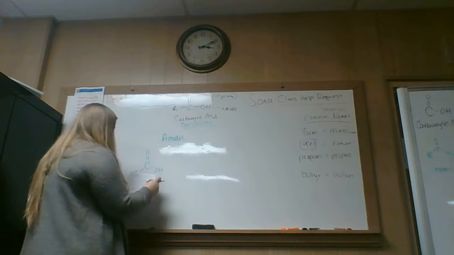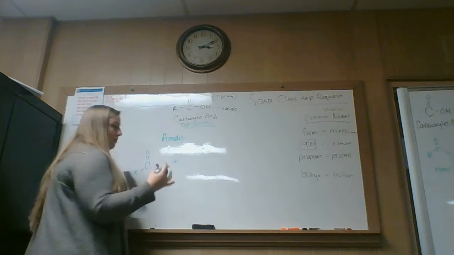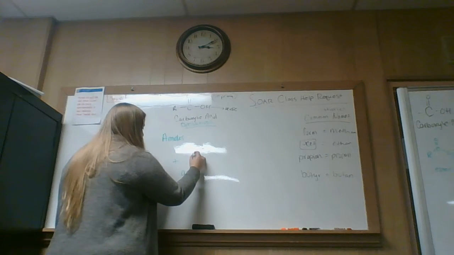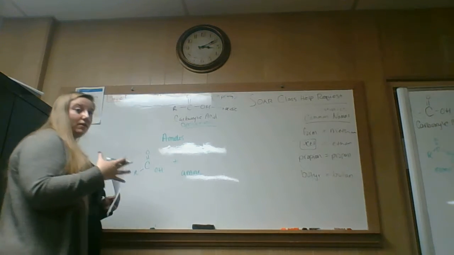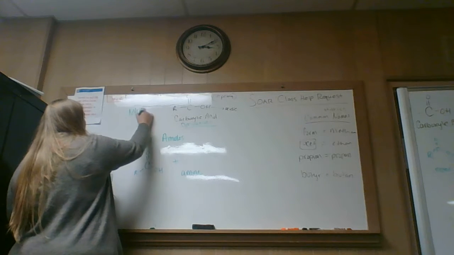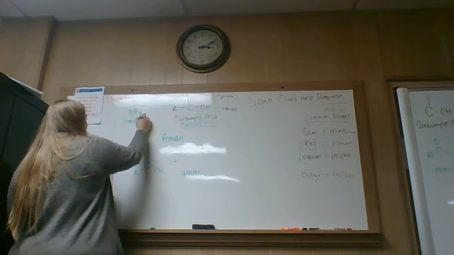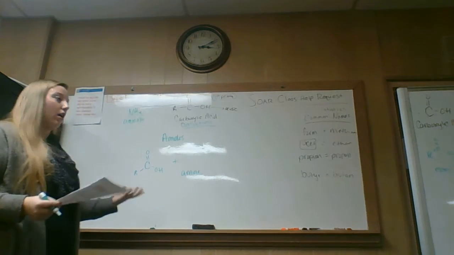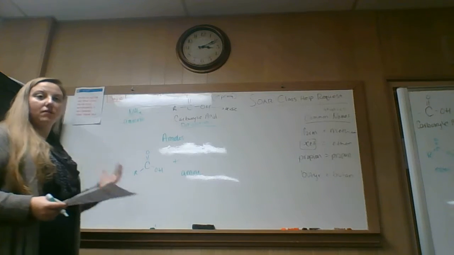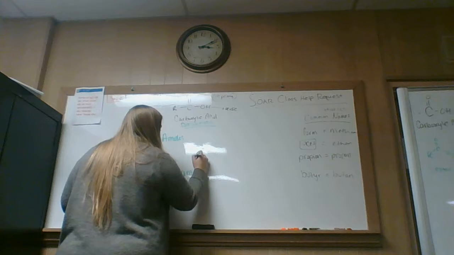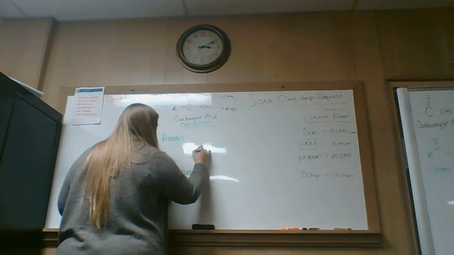So we have our carboxylic acid, and we're going to react it with an amine. An amine is actually a derivative of ammonia. All you do to get from ammonia to an amine is add a carbon. So we're going to replace at least one of these hydrogens with a carbon group. So it ends up looking like this, just one example.